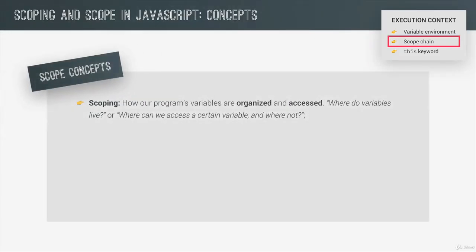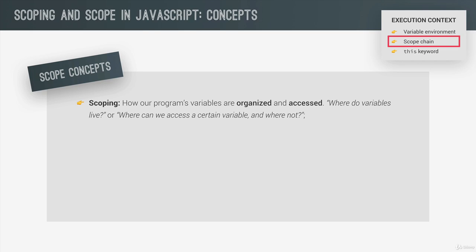So scoping controls how our program's variables are organized and accessed by the JavaScript engine. So basically, scoping asks the question, where do variables live? Or where can we access a certain variable and where not?